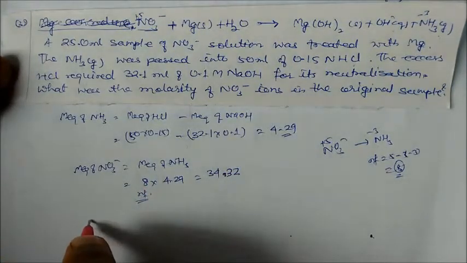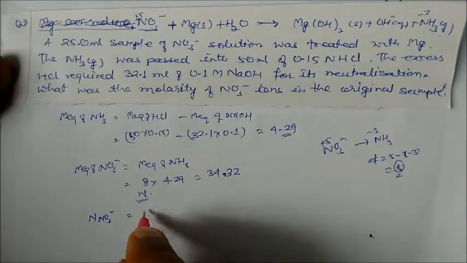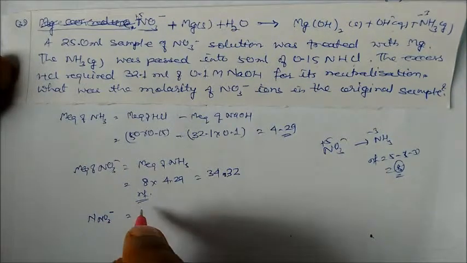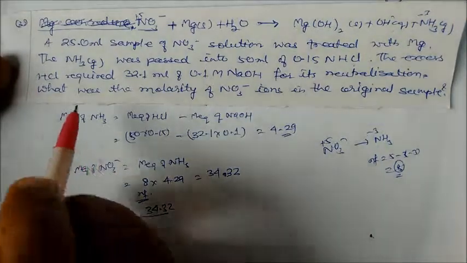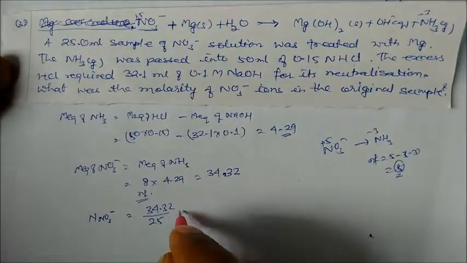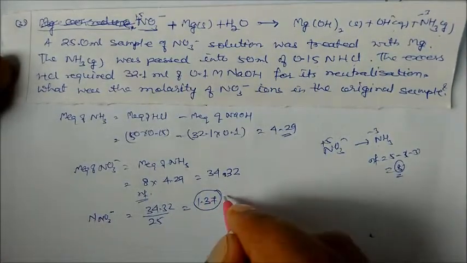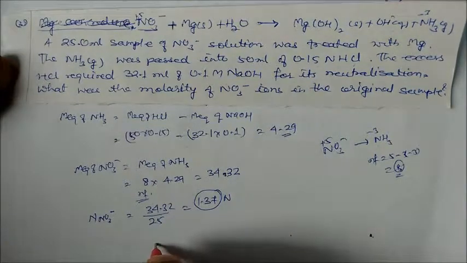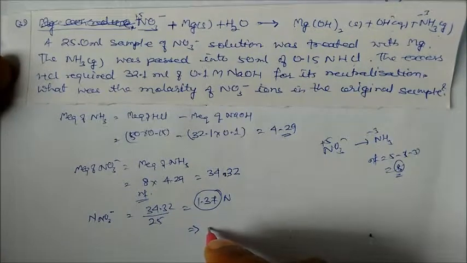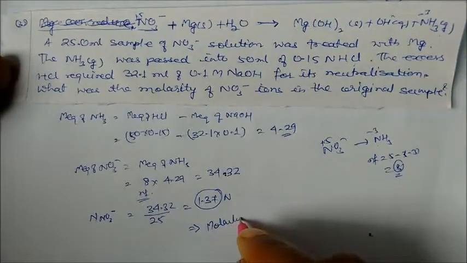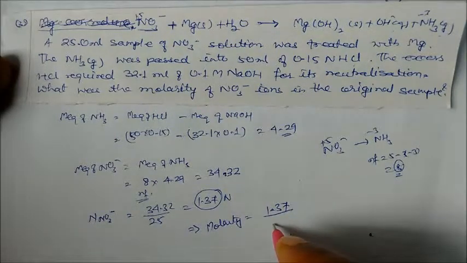Now what is the normality of nitrate? Normality into volume equals milliequivalent, so 34.32 divided by the volume in ml, which is given here as 25. Dividing by 25, you get 1.37. This is the normality. Now we have to find molarity. Molarity times n factor is equal to normality, so molarity is 1.37 divided by the n factor.